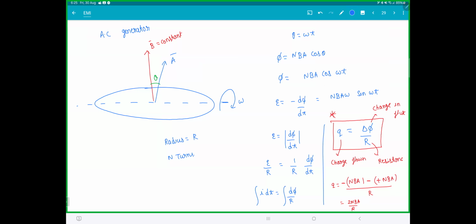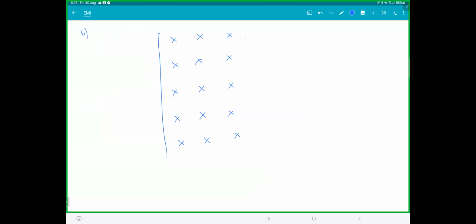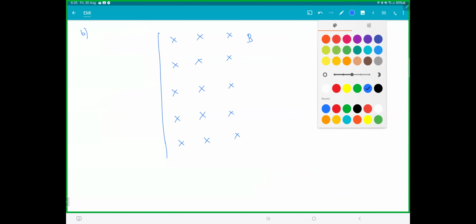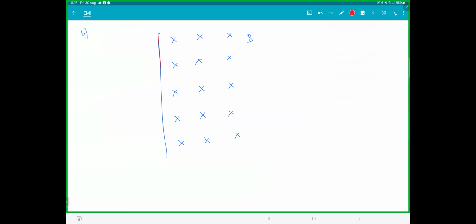Clear, na? Then we have a magnetic field B here. Now you took a semicircular coil. This is the hinge in the center. And this coil is rotating like this with omega. Meaning next moment it will become like this, then like this, then like this.